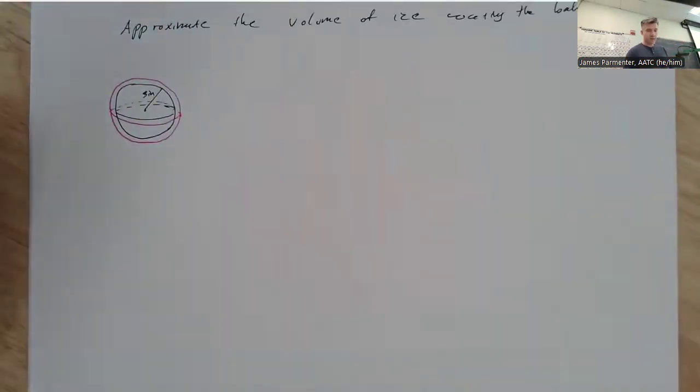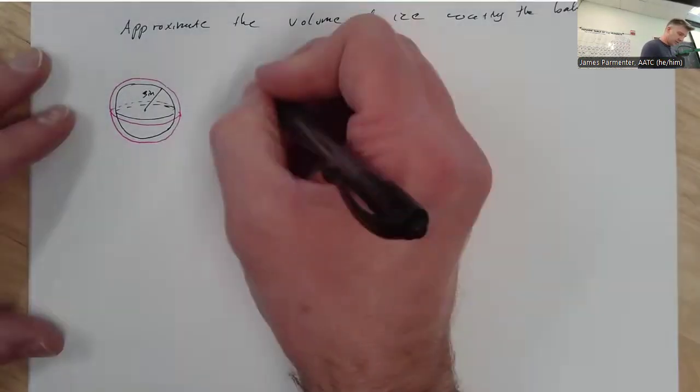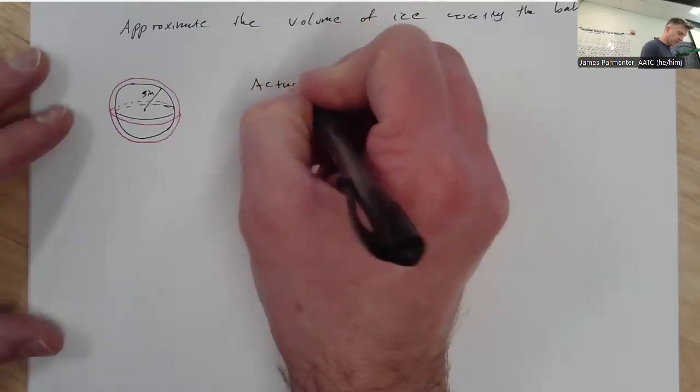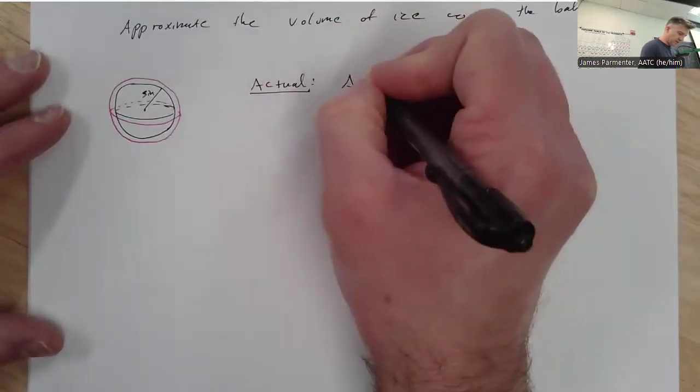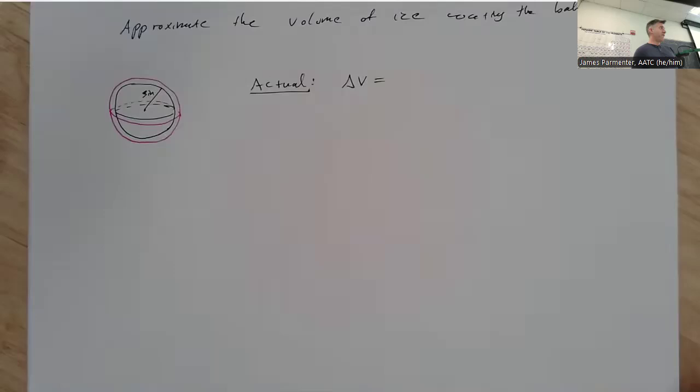So let's talk actual versus estimated. So the actual change in volume, or delta V, would be our bigger volume minus a smaller volume, right? We're just trying to find how much ice there is. It's the volume of the bigger sphere minus the volume of the inner sphere.